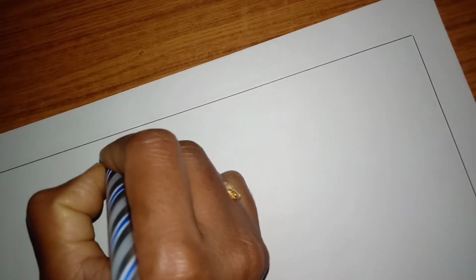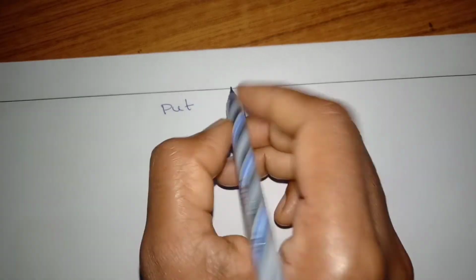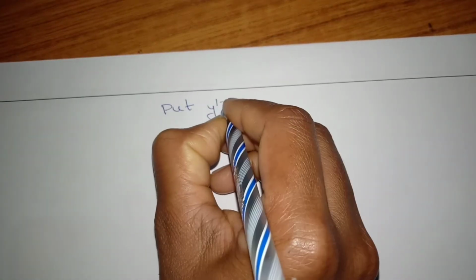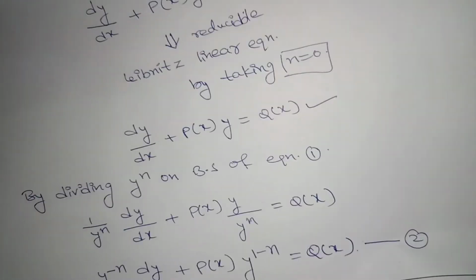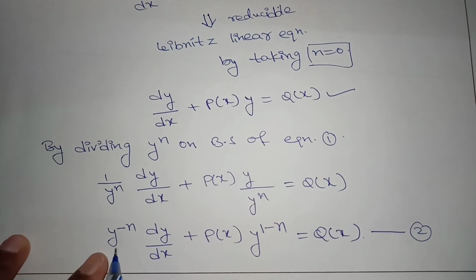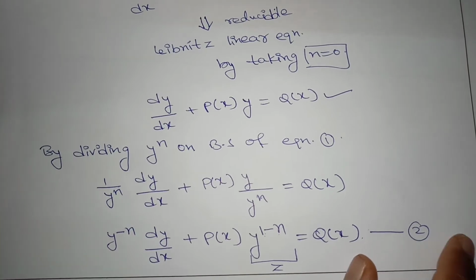Now put y power 1 minus n equals to z in equation 2. y power 1 minus n is taken as z.